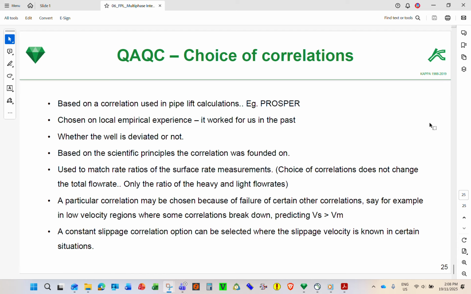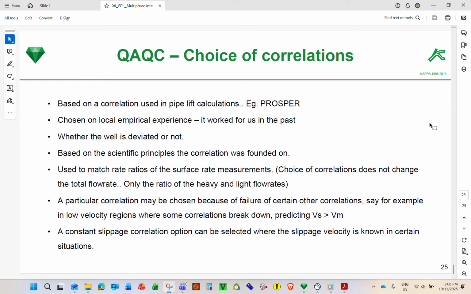How to choose the correlation? First, try to use the same as in Prosper or nodal. We can ask the client or the PE which correlation they use, and we try to use the same. Second, local empirical experience.